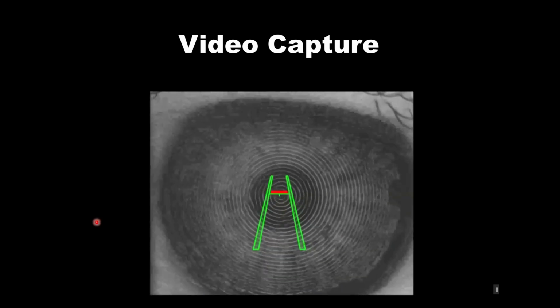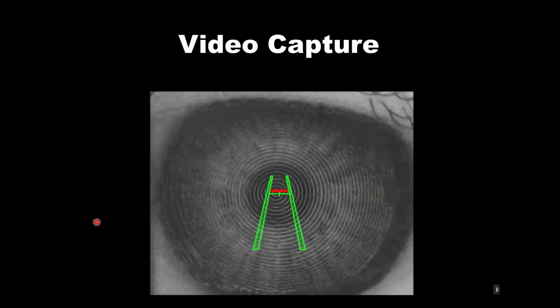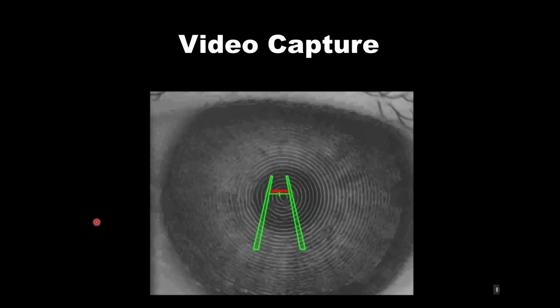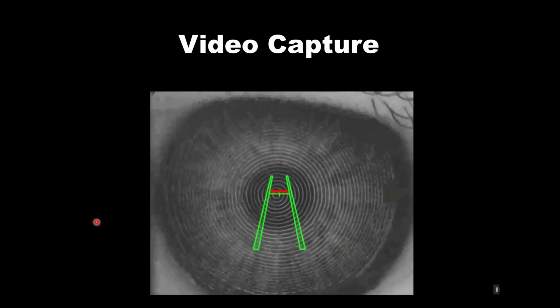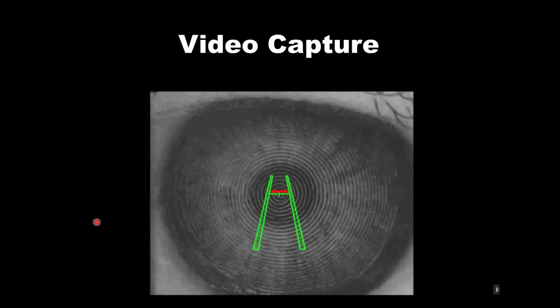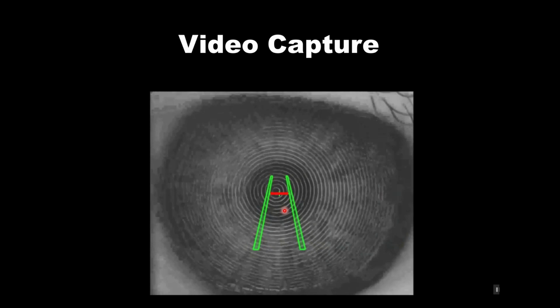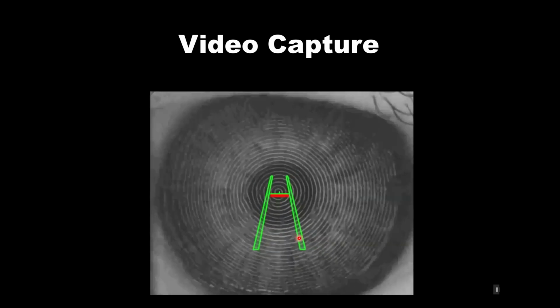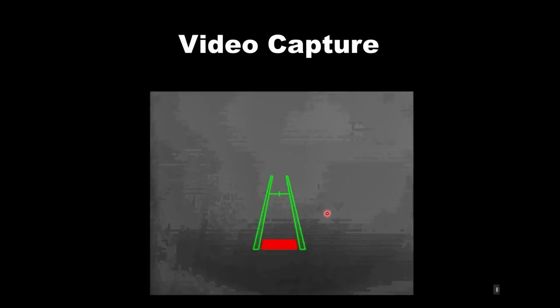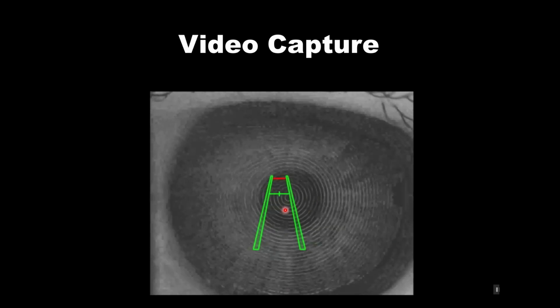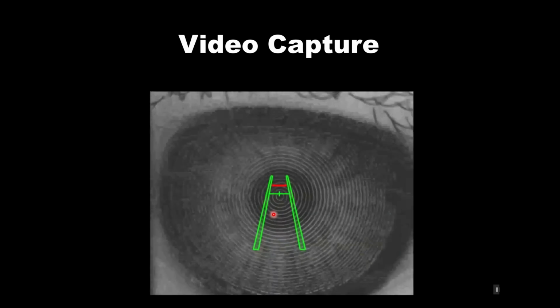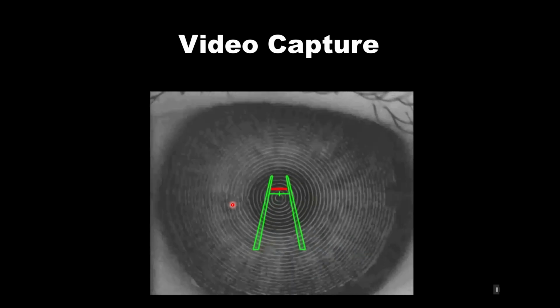Now, what the video capture allows us to do is reflect the rings off the tear film to appreciate where we have tear film breakup or whether we have smooth and even tear film. In this case, you notice all of the rings appear slightly out of focus or distorted or broken. There are many areas where the rings just disappear completely.